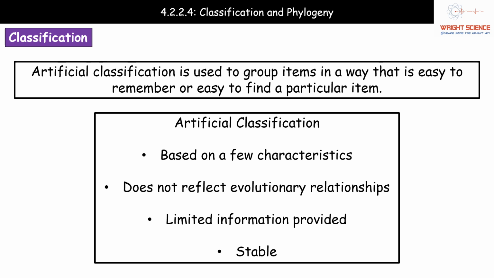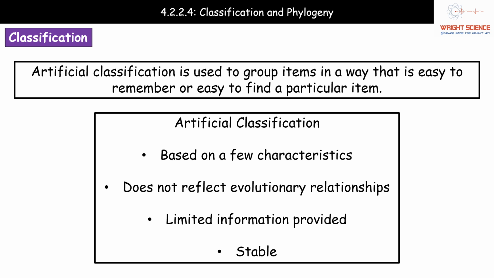Now, one of the ways that we can classify these living organisms is using this thing called artificial classification. Artificial classification is grouping these different living things in a way that's pretty easy to remember, and it allows us to find something quite easily through this classification system. Key things to know about it is we are literally basing this on a limited number of characteristics.